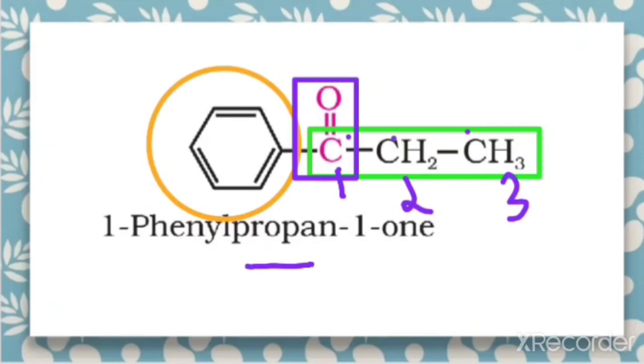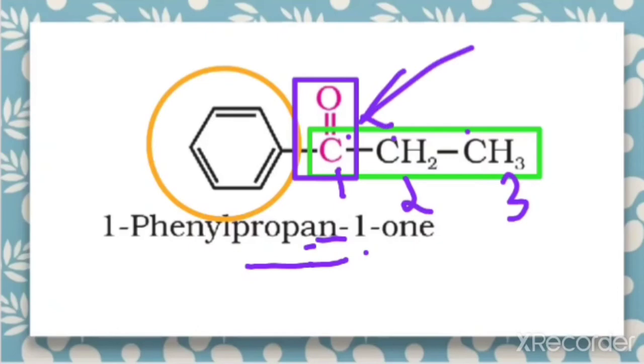Therefore the word root is prop, and the primary suffix is an, because all carbon atoms are bonded by single bonds. That means the carbon-carbon bond is single. Therefore, we will be using the primary suffix an. So, how do we name the ketonic group here? We have to represent its position, because it is on the first carbon, therefore it is 1.